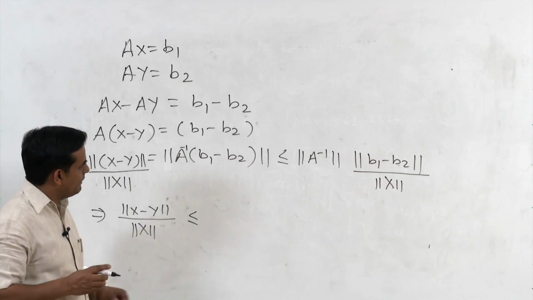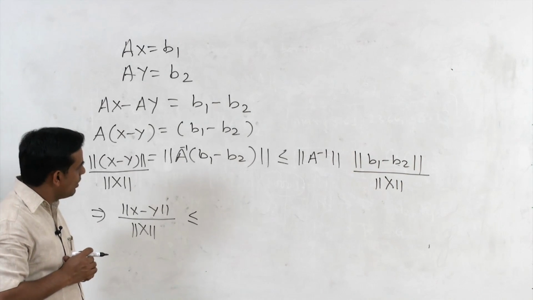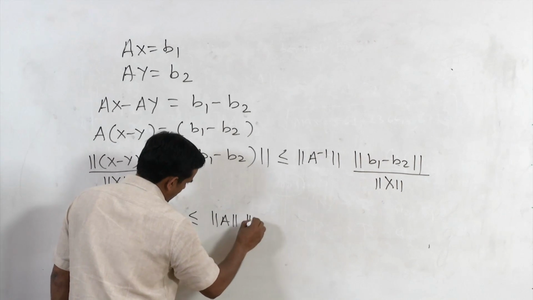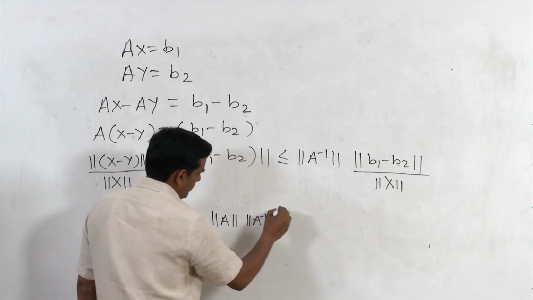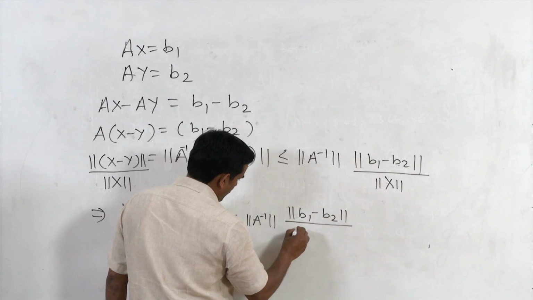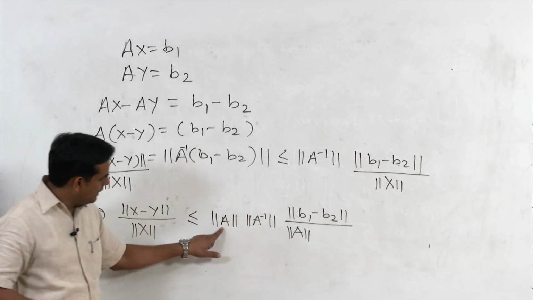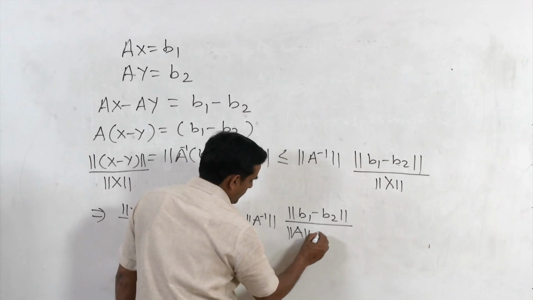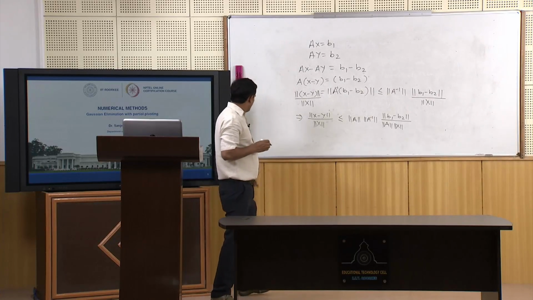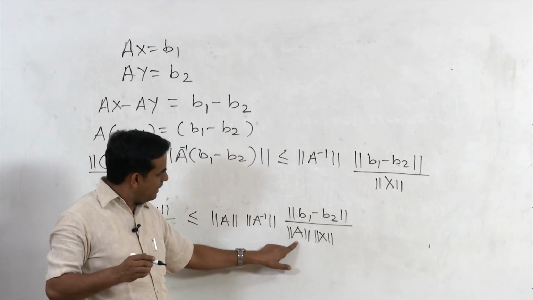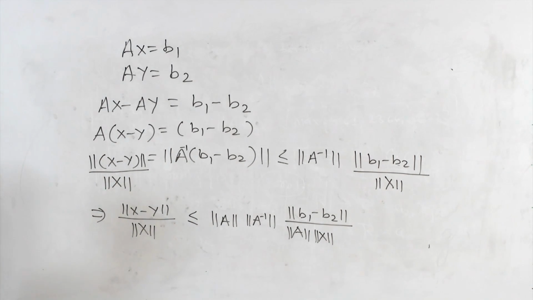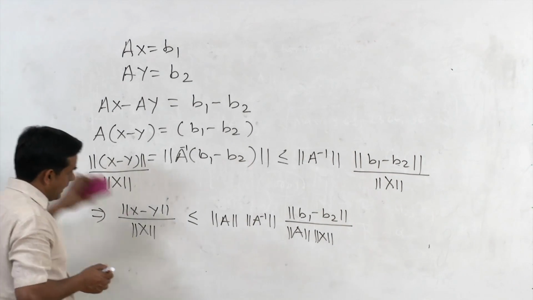This is less than or equal to, if I multiply in the right hand side in the numerator as well as in the denominator by the norm of A, norm of A inverse into norm of B1 minus B2 upon norm of A. Since I have multiplied in the numerator, I have to multiply in the denominator also, into norm of x. We know that norm of A into norm of x will always be greater than or equal to norm of Ax.